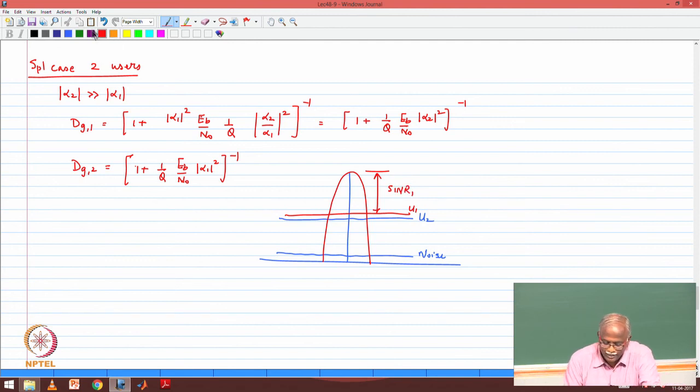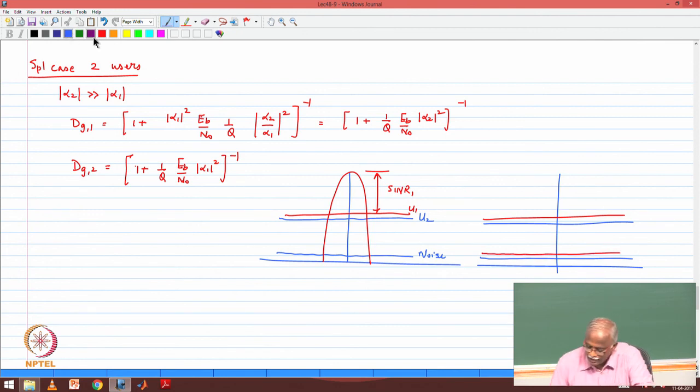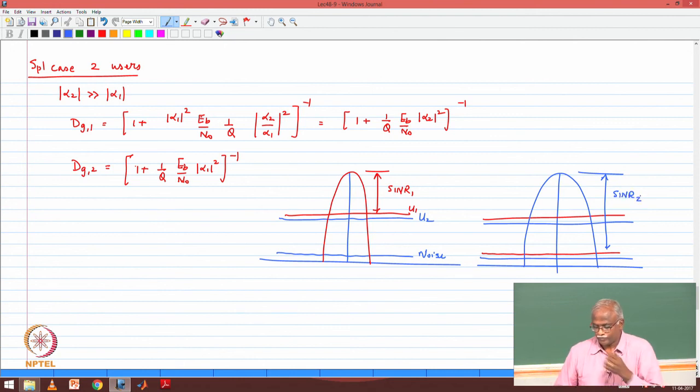On the other hand, when I try to despread user 2, you will notice that it is a very different situation. Noise is there, user 2 is there, this is user 1. If I remove user 2 from the picture, user 1 moves over here, the blue signal gets despread, the SINR is sitting here, SINR of user 2.